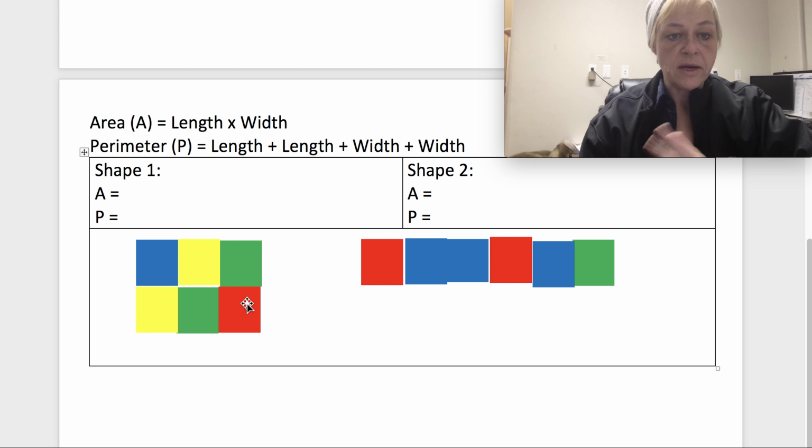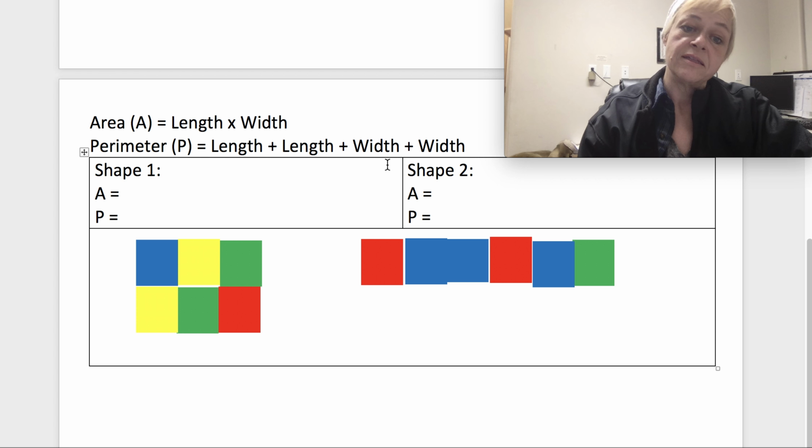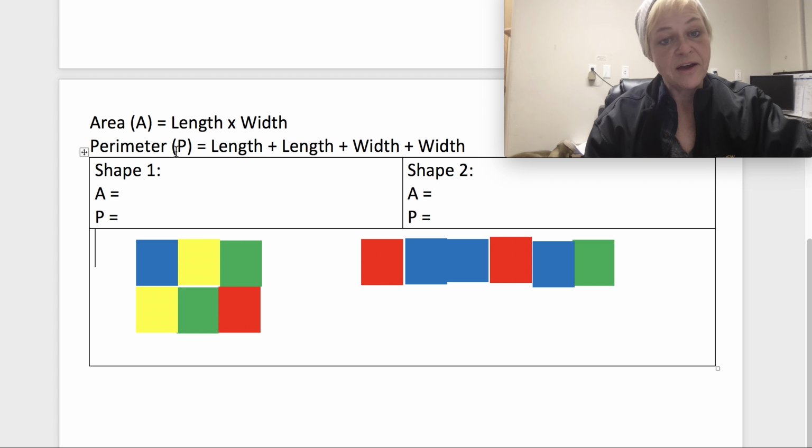So for shape 1, you can see up here I have written that area, A, is the length times the width, and perimeter is the top length, the bottom length, the left width, and the right width, and you have to add those all together. For this first shape, we need to find out the length: 1, 2, 3.